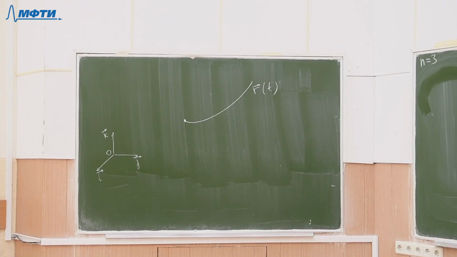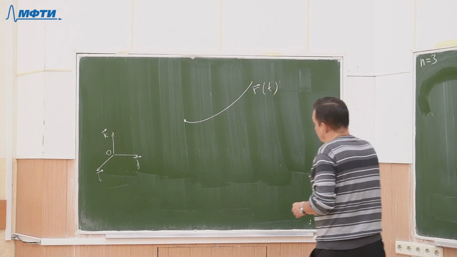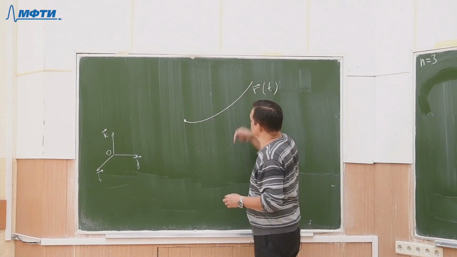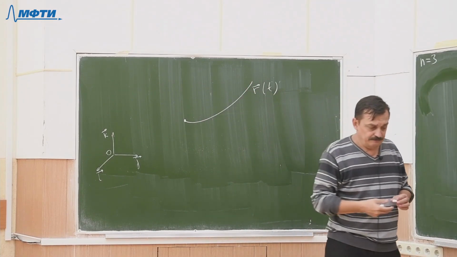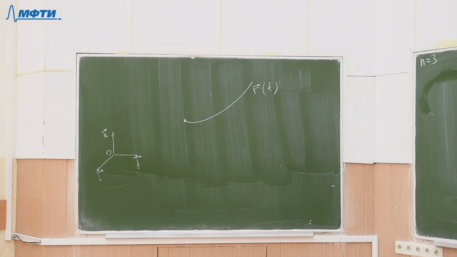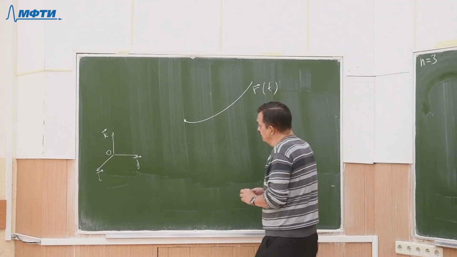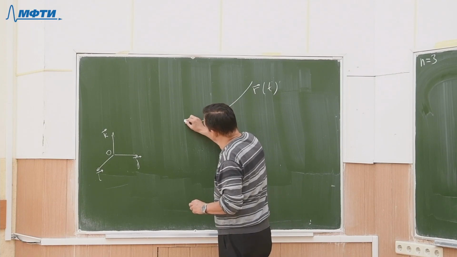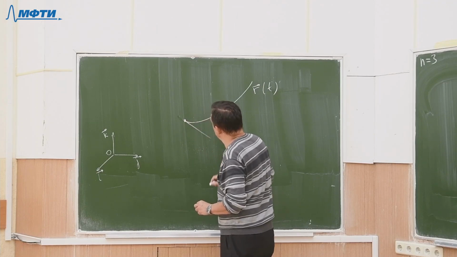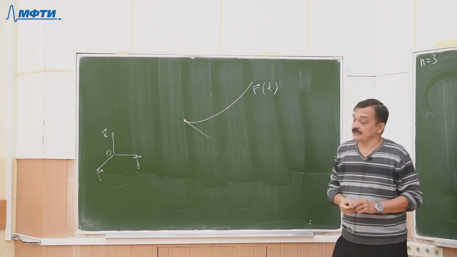But if we look at a movement of a particle along a curve, then it is more convenient to associate a special frame. And to start with, we choose the first vector to be tangent vector. So let it be here, right? That is a tangent, right?